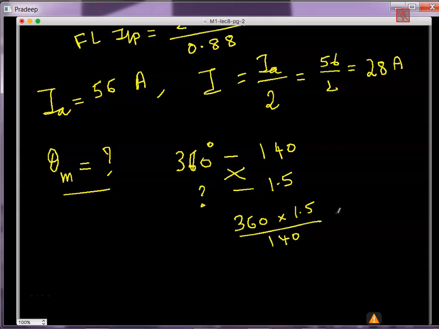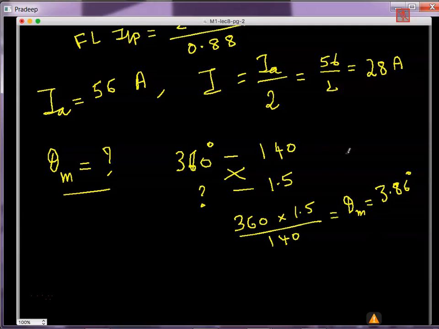This is nothing but theta m, which is 3.86 degrees. Let me cross check that: 360 into 1.5 divided by 140. Yes, this is theta m.